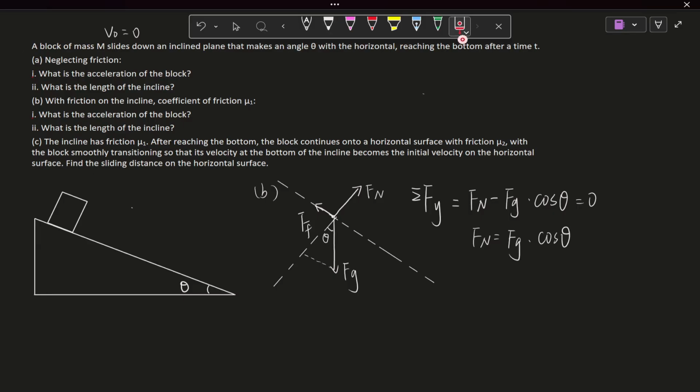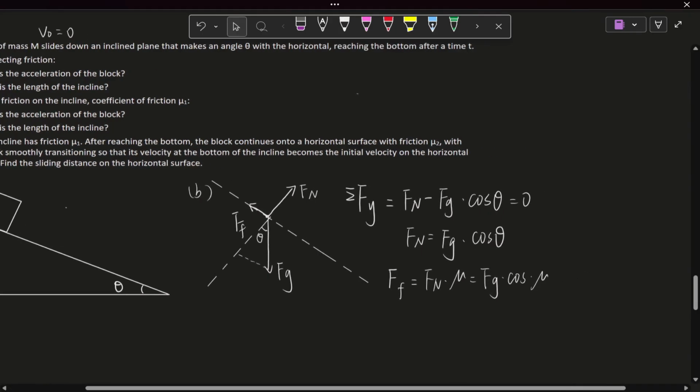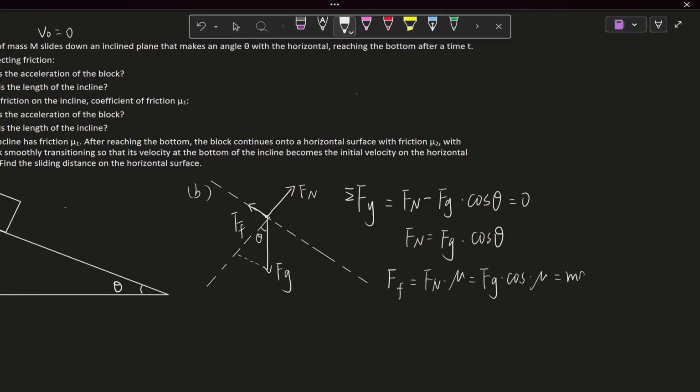So after we find Fn, we can easily get the friction force, since Ff is just equal to Fn times mu. It's simply equal to Fg times cosine theta times mu. After simplifying, we get mg times mu times cosine theta. I forgot there's a theta here.